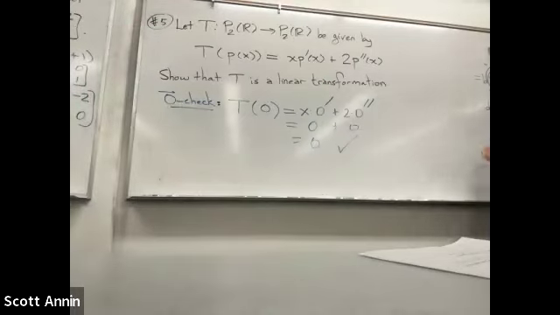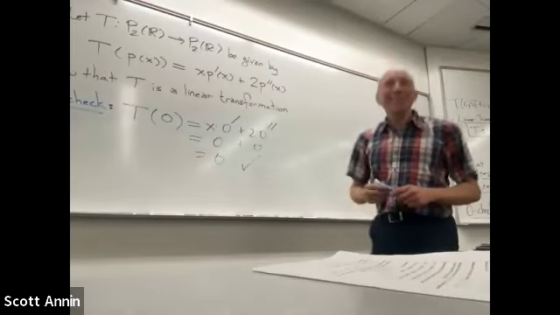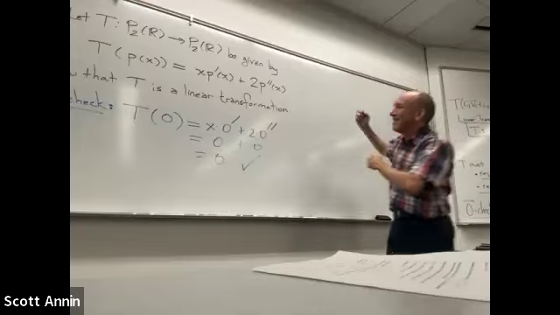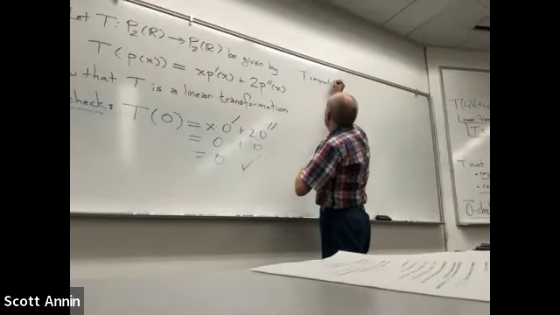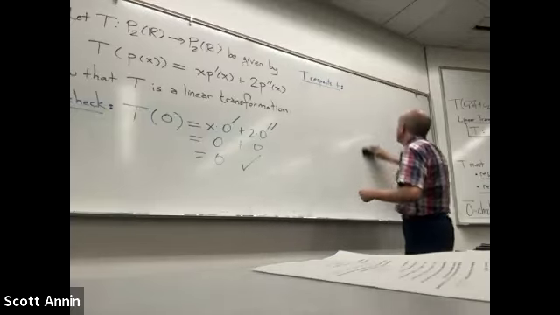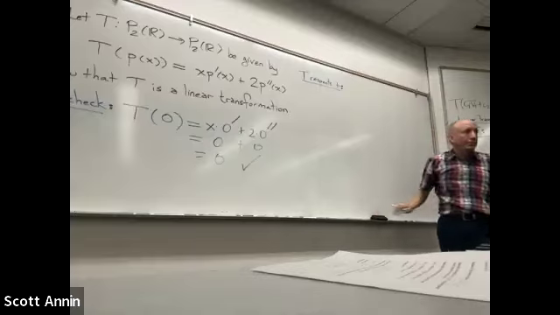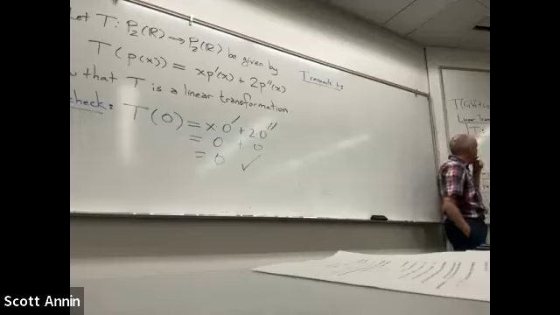So now I want to show you that it respects addition and scalar multiplication. You guys are going to have a nice advantage on Tuesday because you're going to have already seen a couple of these, which will make things really nice. So let's check that T respects addition. Now I have to look at this formula.